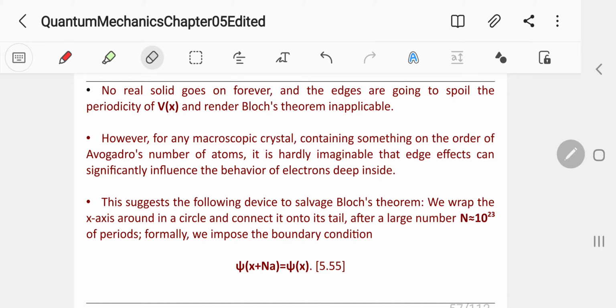So your wave function now has this behavior with Bloch's theorem.